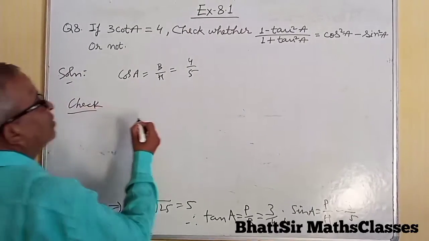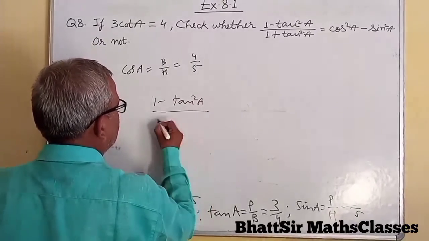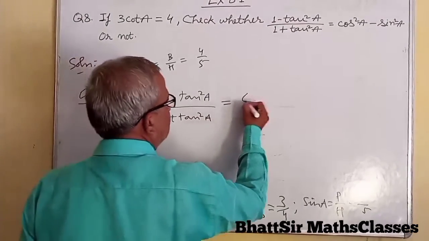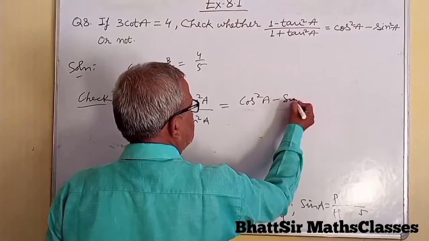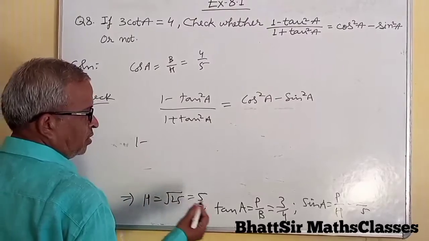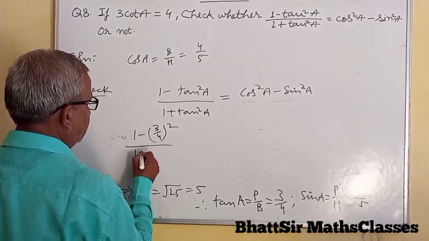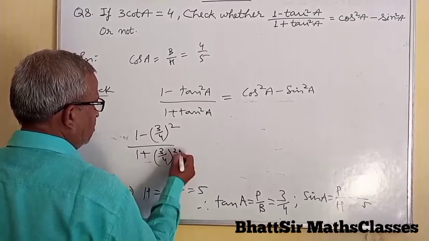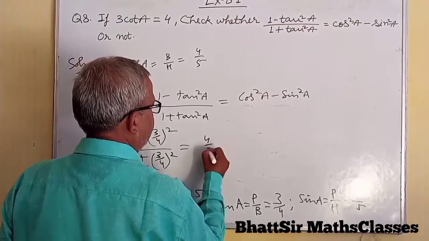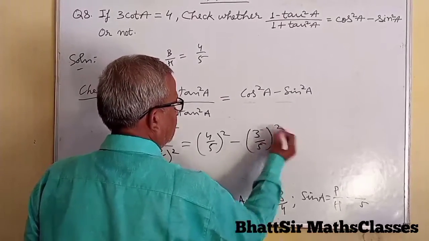Check. 1 minus tan square A over 1 plus tan square A equal to cos square A minus sin square A. 1 minus tan A, 3 upon 4 whole square, over 1 plus 3 upon 4 whole square, equal to cos A 4 upon 5 square minus 3 upon 5 square.